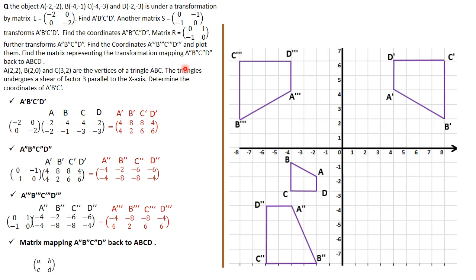Therefore, I have the matrix ABCD pre-multiplying -4, -4, -2, -8. These are the coordinates of A prime and B prime respectively, and those should give me the original coordinates of the object, which were -2, -2, -4, -1.